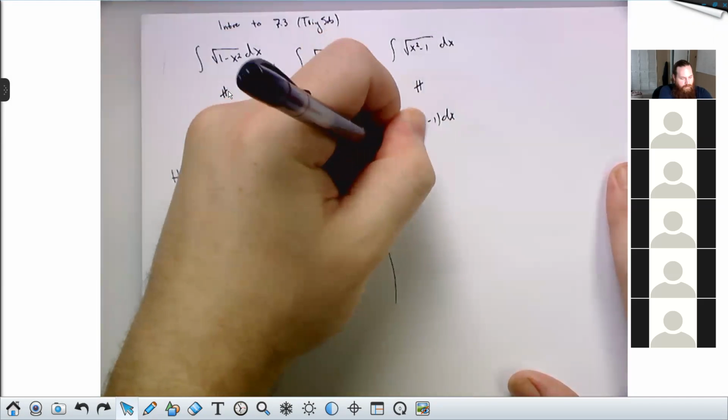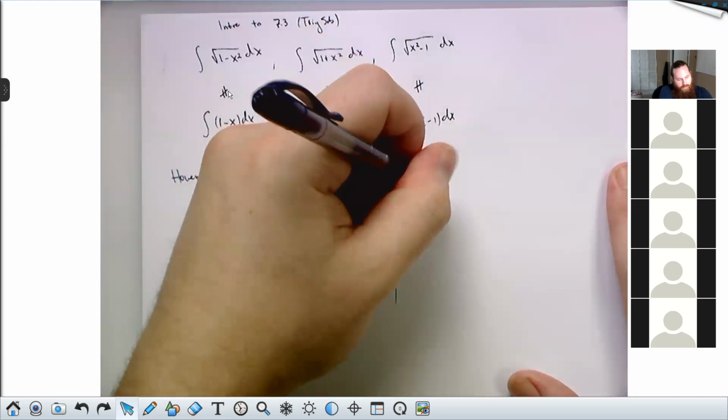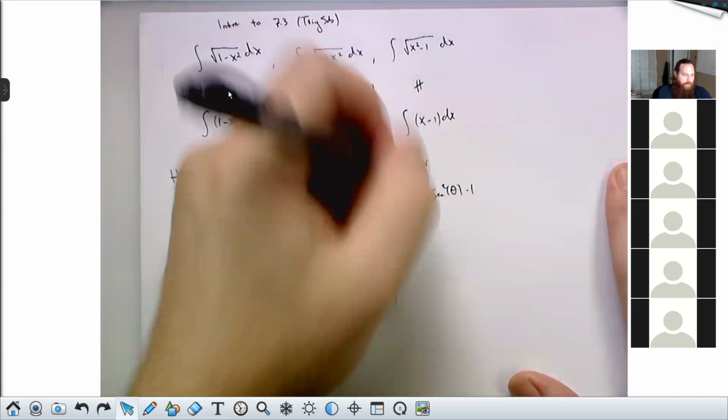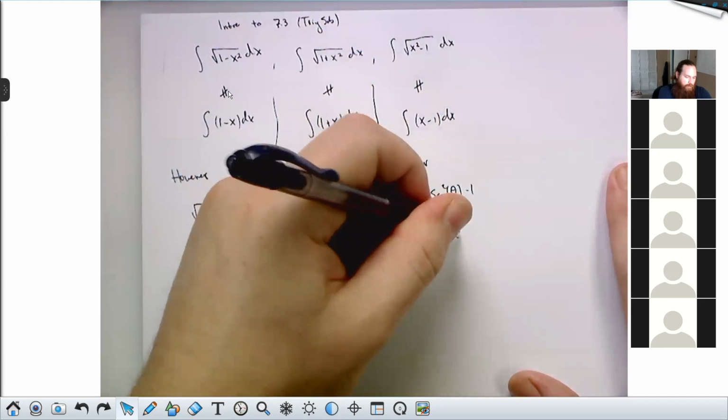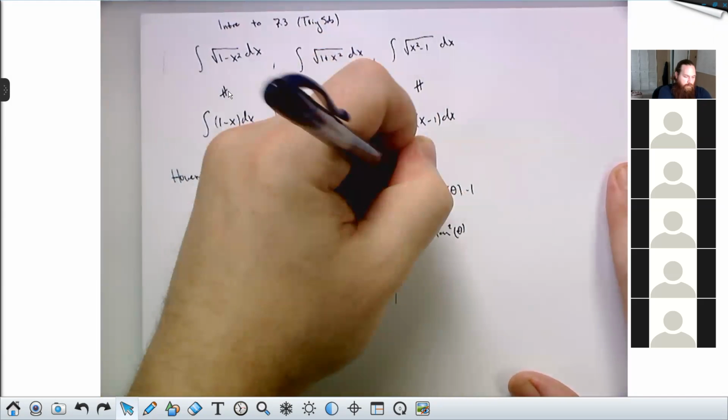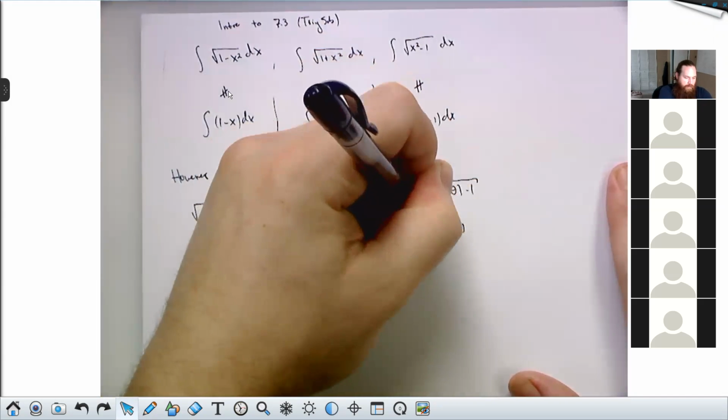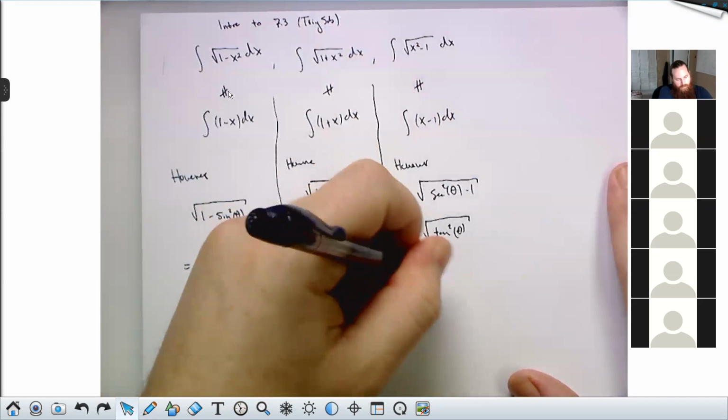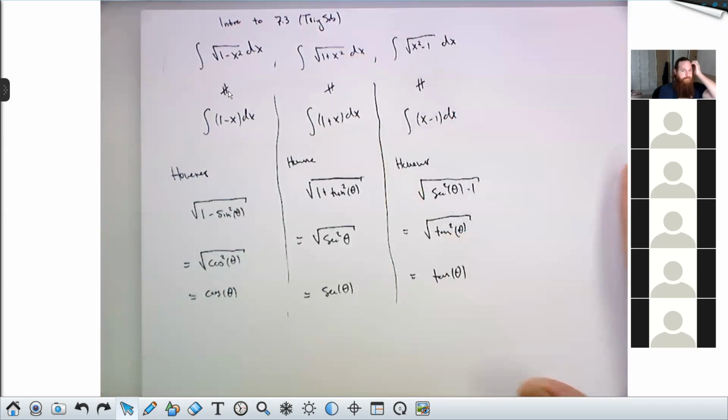And here, secant squared theta minus 1 is tangent squared theta. So the square root of secant squared minus 1 is the square root of tangent squared is tangent theta. So while I can't do this kind of first grade close your eyes and cross your fingers algebra, if I were to make this x equals sine theta, then this thing would become nice.